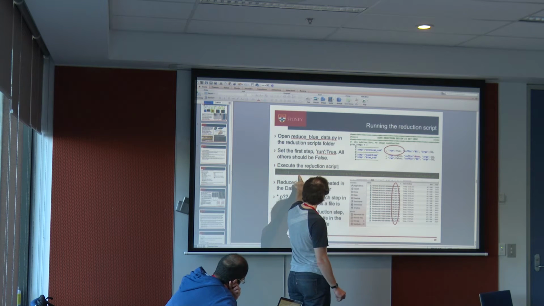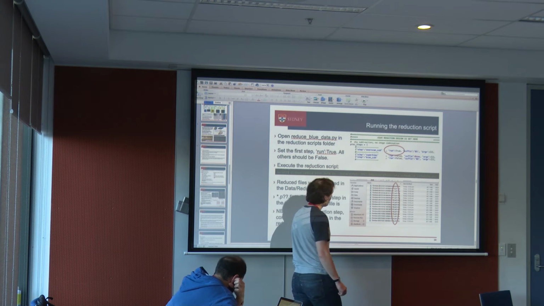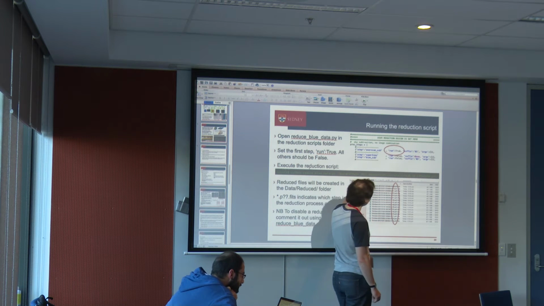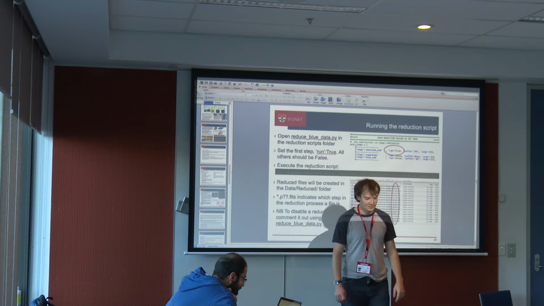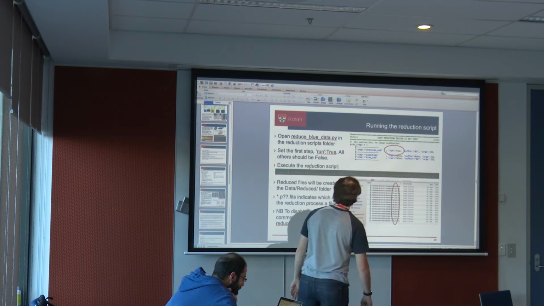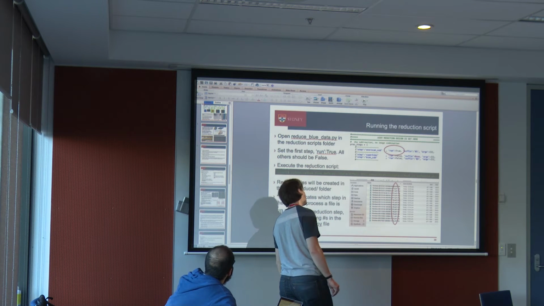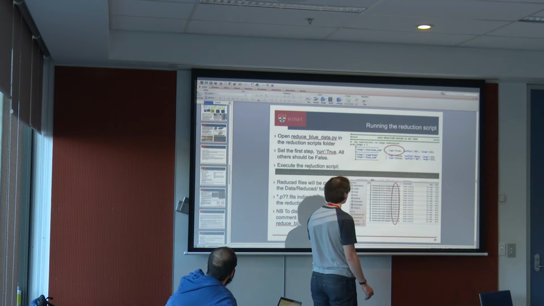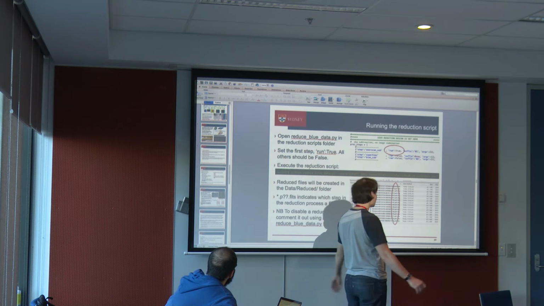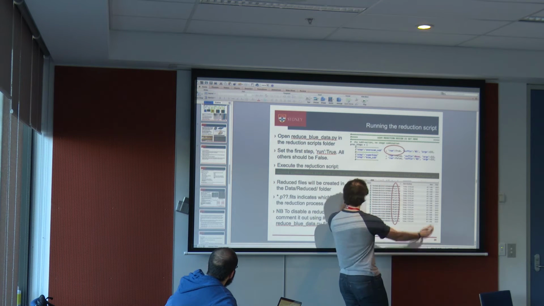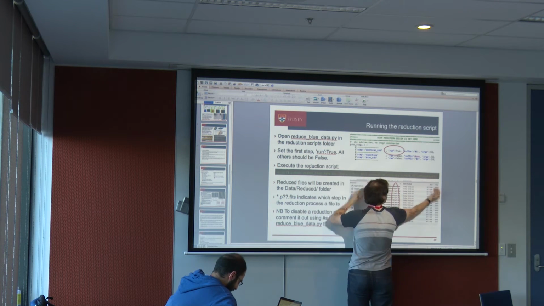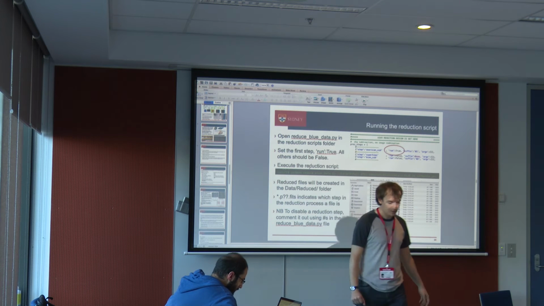Then we type python reduce_blue_data.py, and then you need to give it the path to the metadata.pkl file. In my case, this was tilde/data/wifes/IFU/demonstration/data/wifes b_re_metadata.pkl. This stuff should all be the same for you.